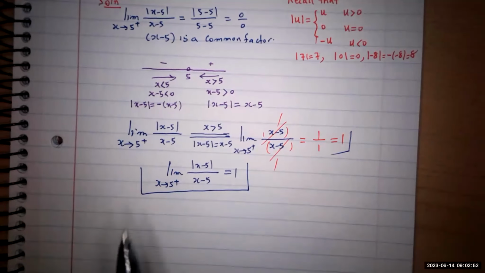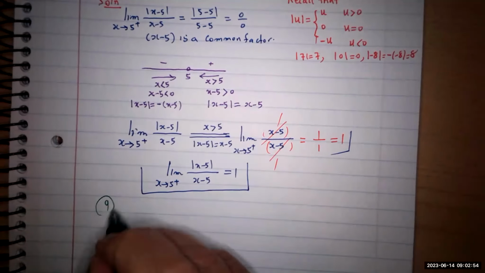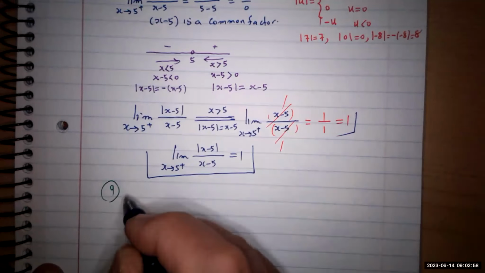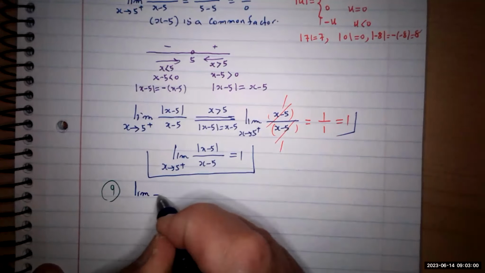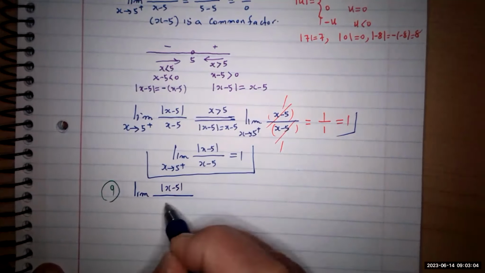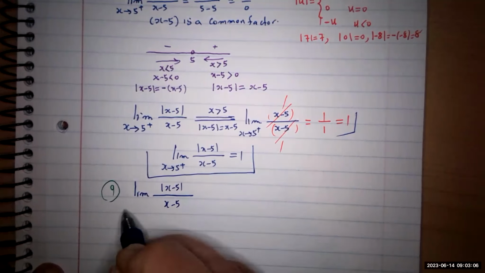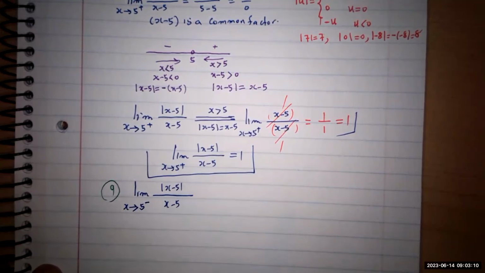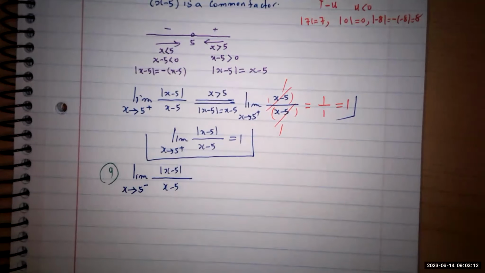I have one for you. How about if you get 5 negative? How about the limit of the absolute value of x minus 5 over x minus 5, x goes to 5 negative this time? It would be -1, the final answer.